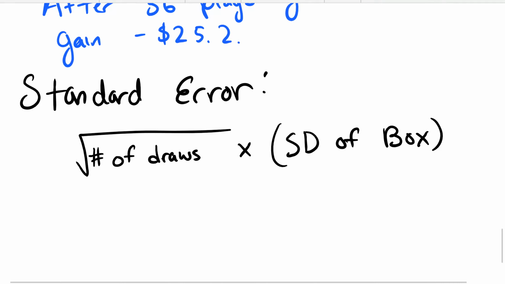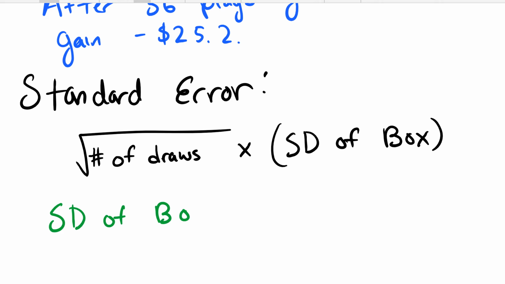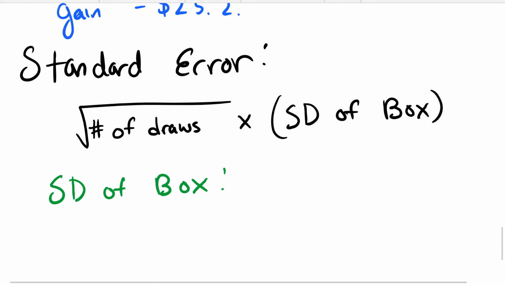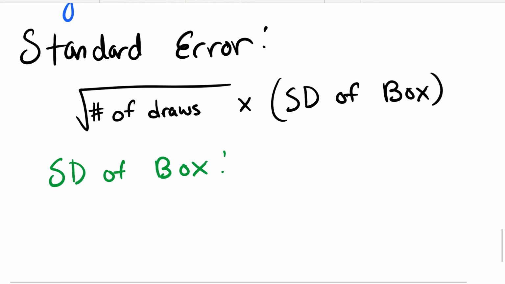Let's start off by calculating the standard deviation of the box. In this case, there are two different numbers. When we only have two different numbers, we can use the shortcut for calculating the standard deviation.